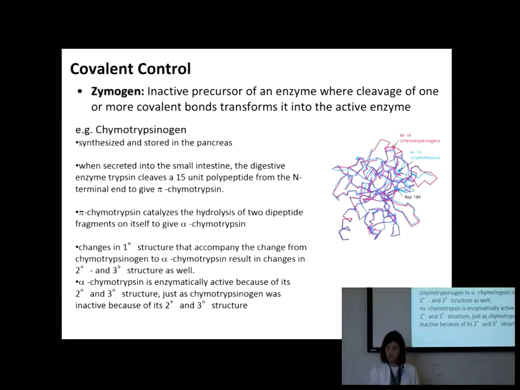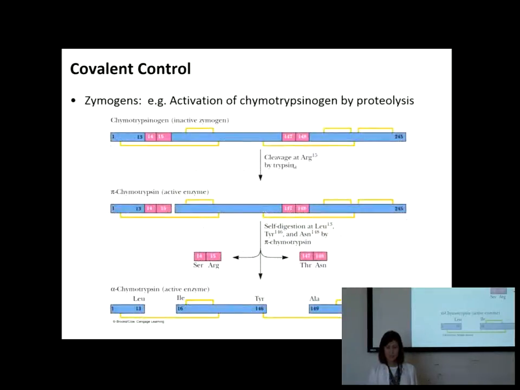It's moved, where the aspartate really hasn't. But it's changing. You can see there's an overlay, and it's changed. So it's changing the primary structure in covalent control. It's changing the primary structure, and because you're changing the primary, you change, of course, the secondary and tertiary as well. So this is what we see.